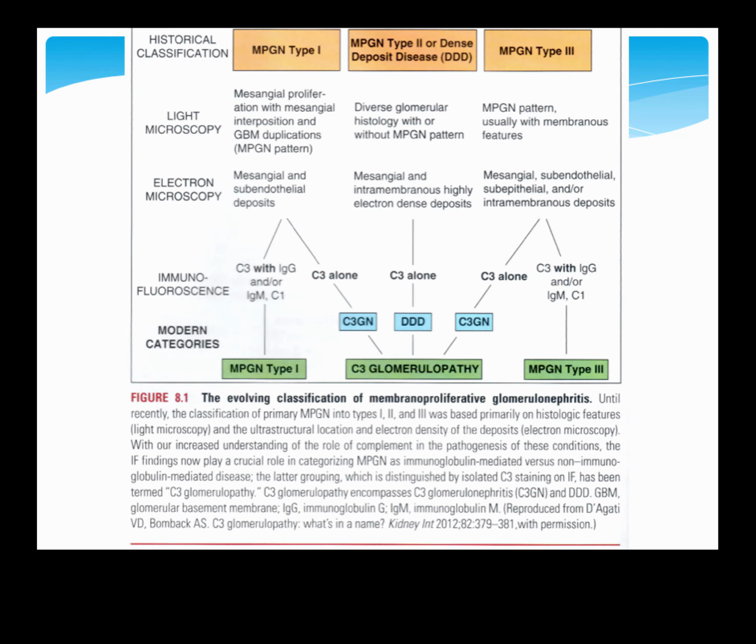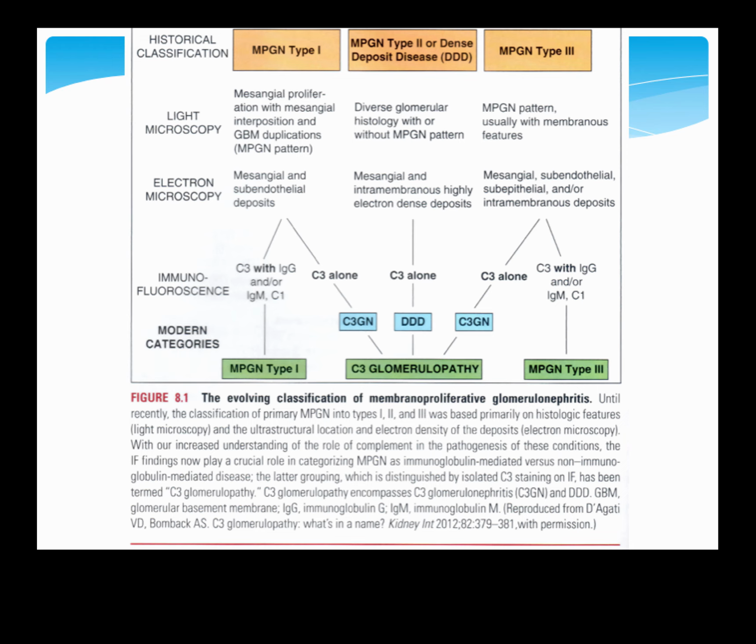However, the terminology for the membranoproliferative pattern of injury has been changed now, so that patients who have both immunoglobulins and complement within the subendothelial space producing the membranoproliferative pattern of injury are considered to have the membranoproliferative glomerulopathy type 1 disease.